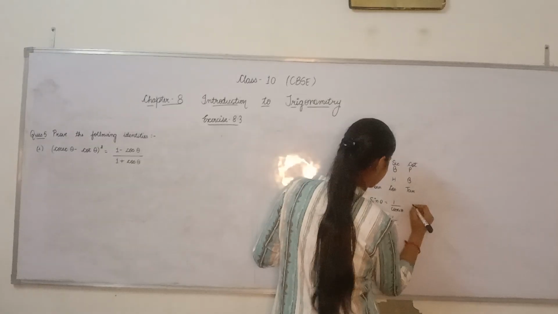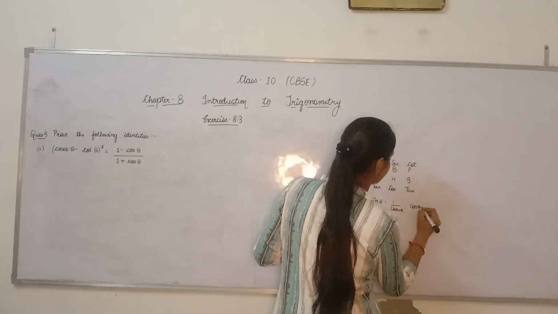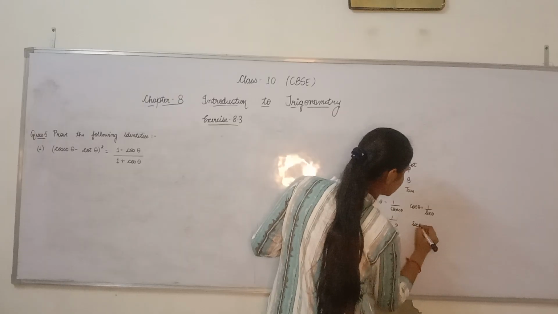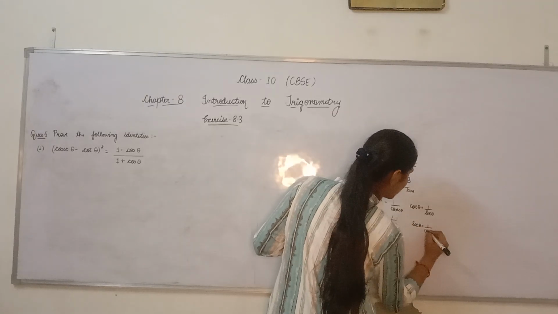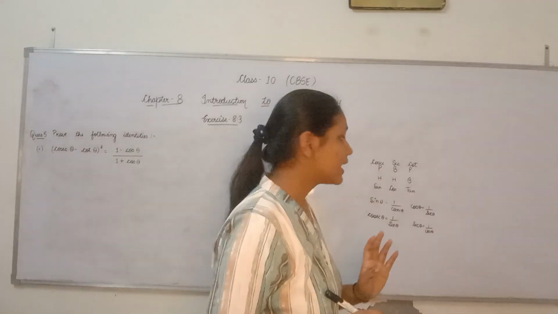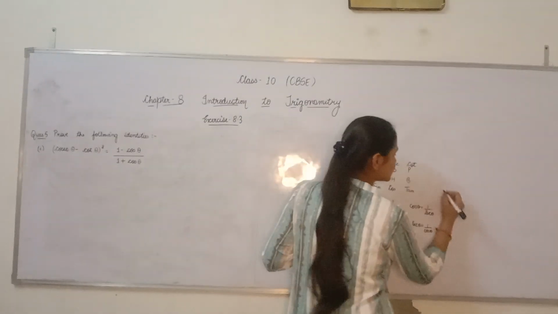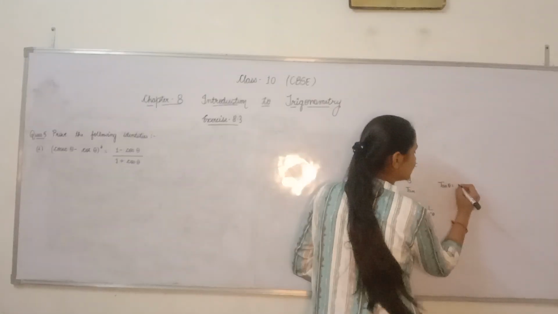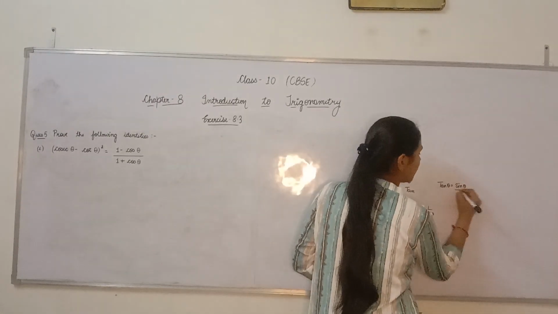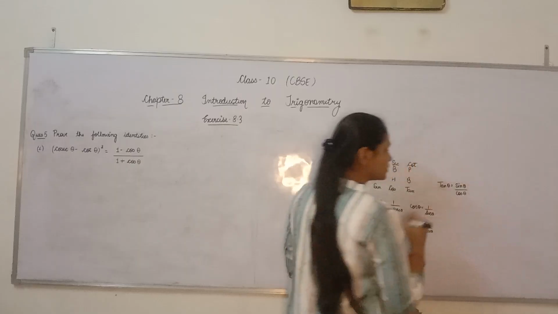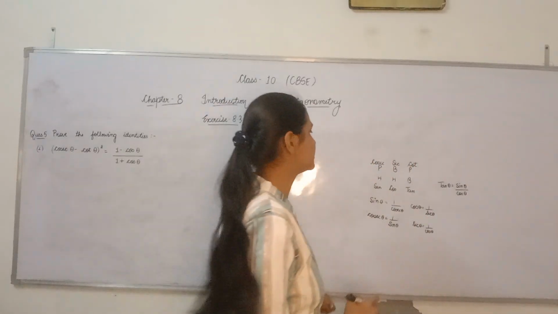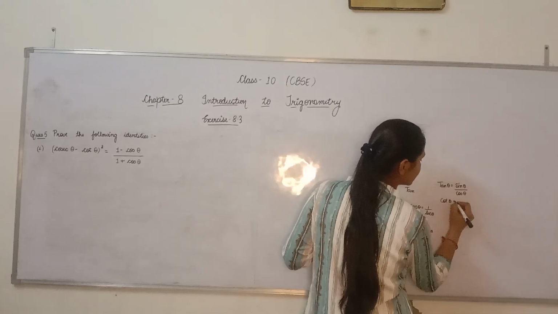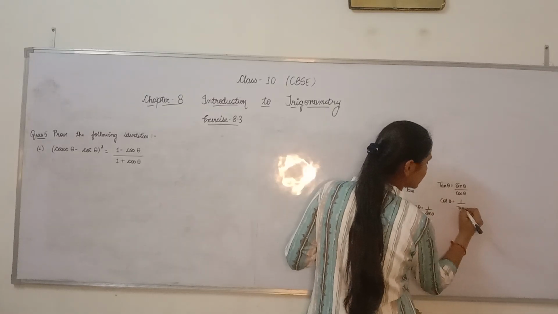These all are the reciprocals of each other. That is, cos theta should be written like 1 by secant theta, and secant theta should be written like 1 upon cos theta, and tan theta is equal to sin theta upon cos theta, and cot theta is the reciprocal of tan theta.